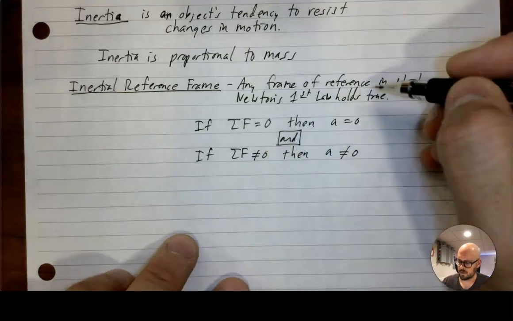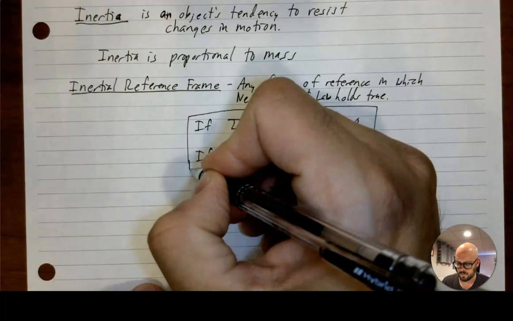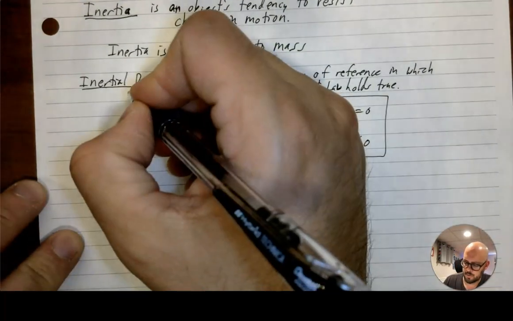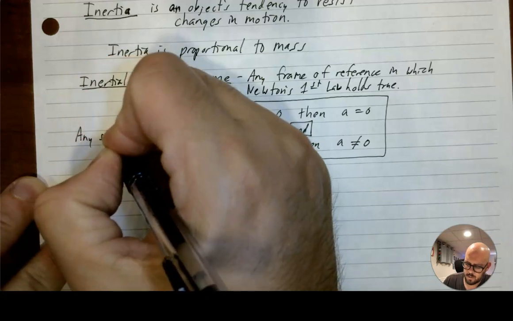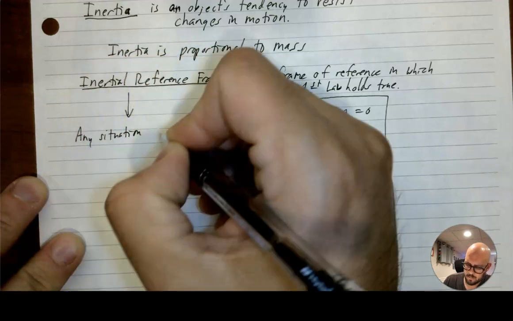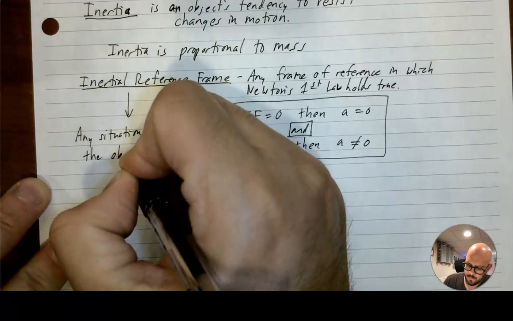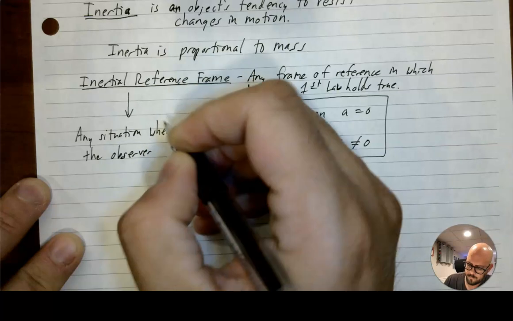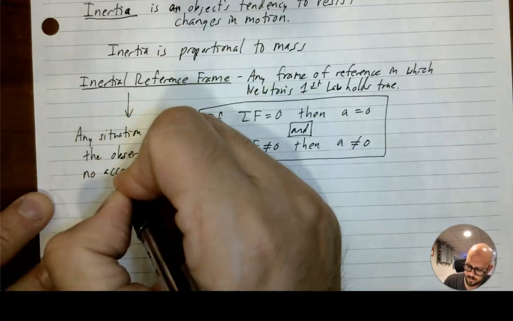And so this inertial reference frame is any situation where the observer has no acceleration.